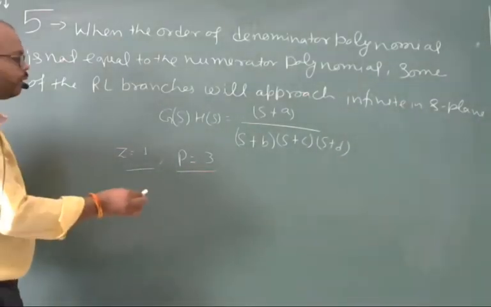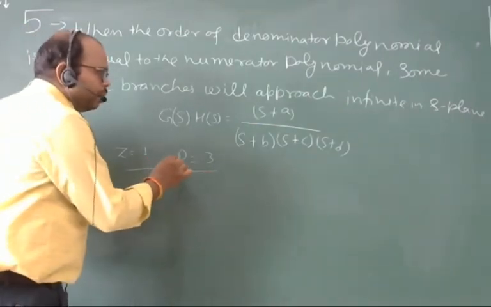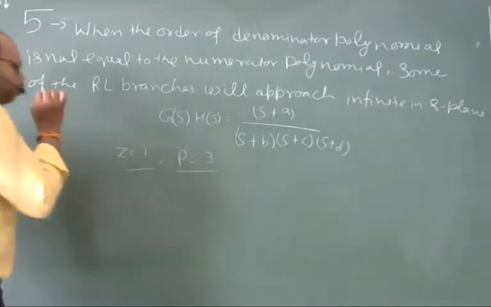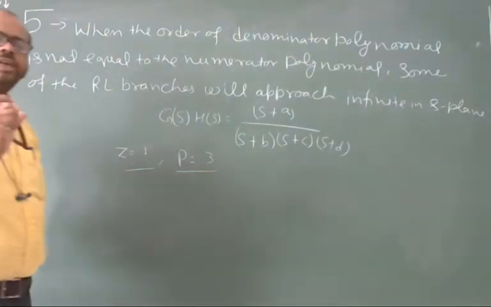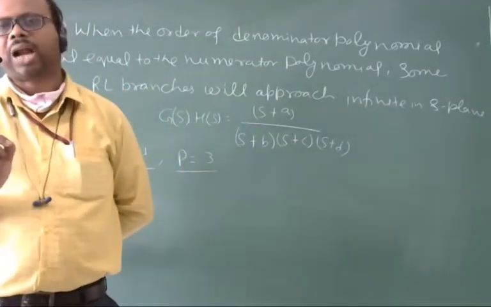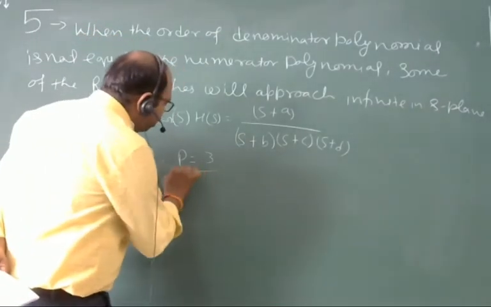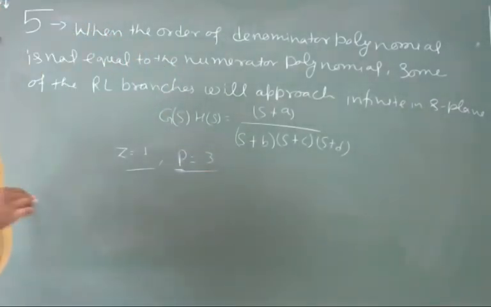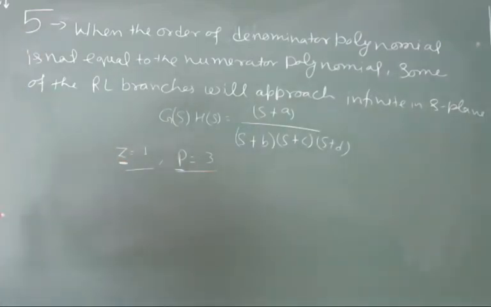So, since number of poles are more than number of zeros, and always when we draw root locus, we consider that the root locus will start from a pole and end up to 0.